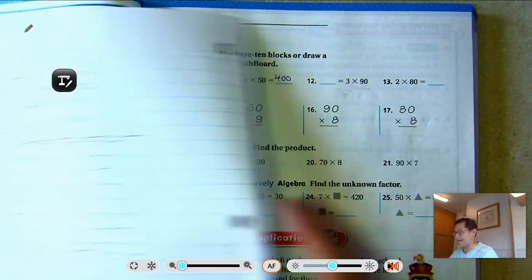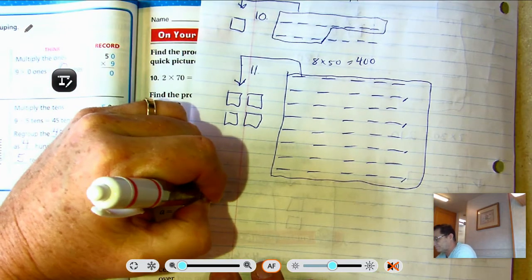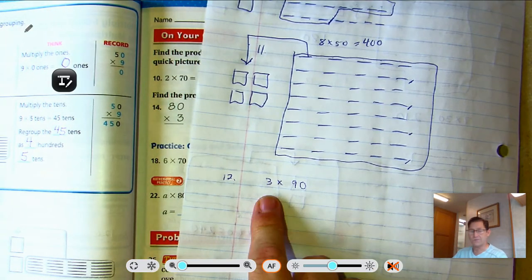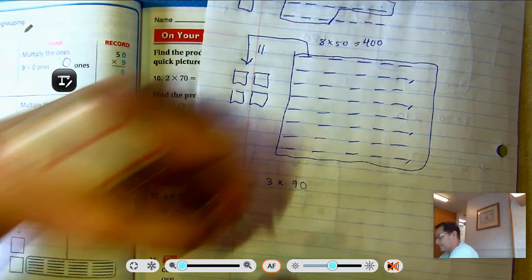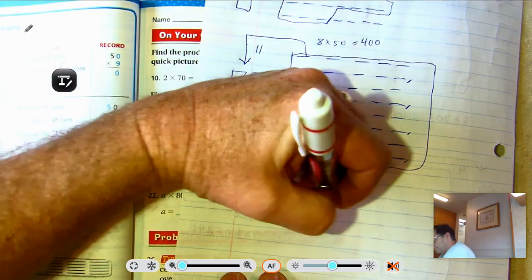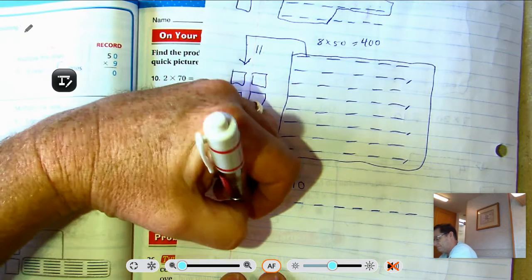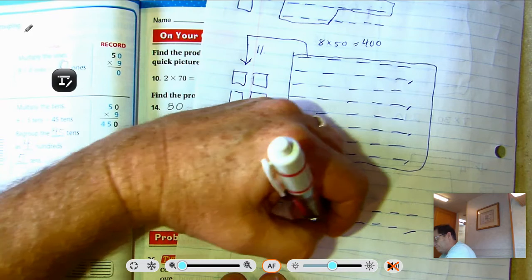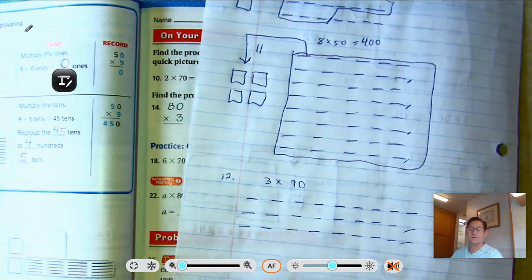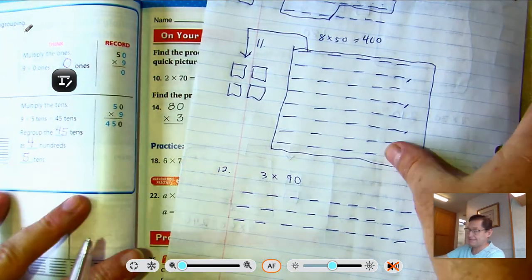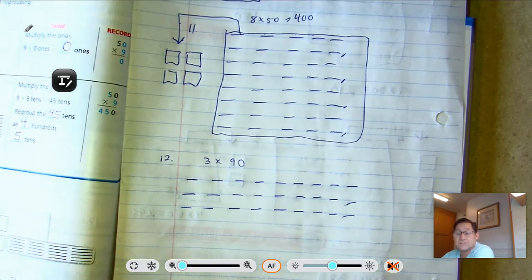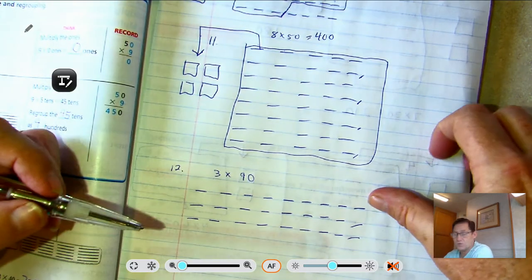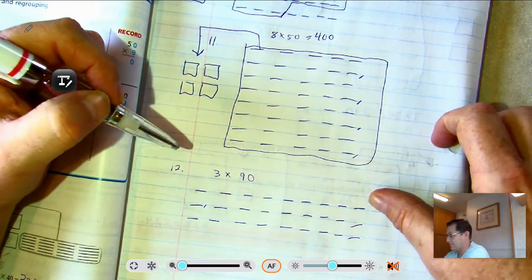Okay, 3 times 90. This means I have 3 sets of 9 tens. Okay, and we're going to circle groups of 10, or as many tens as we can, so we can trade them for hundreds. So we know that there's 9 in this row, 10, there's 1 10.